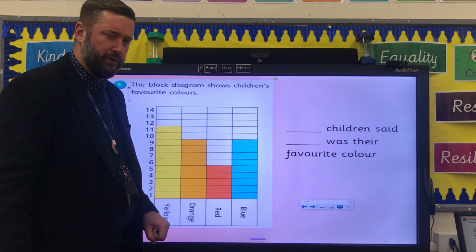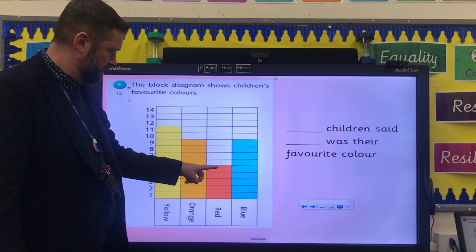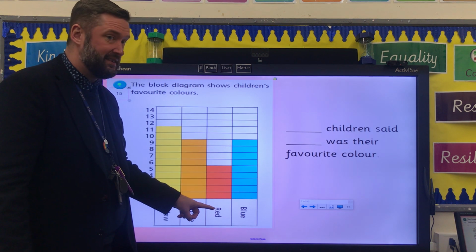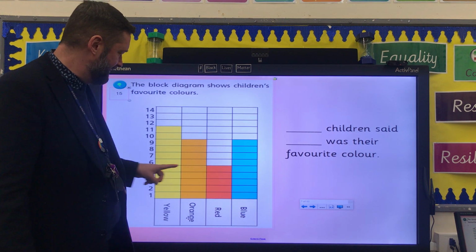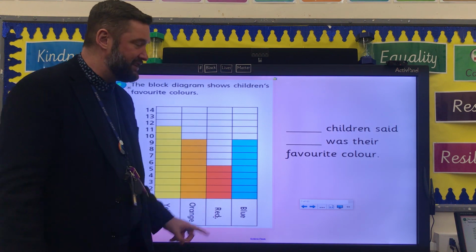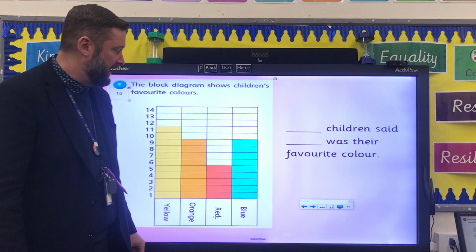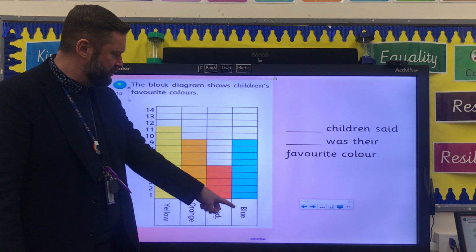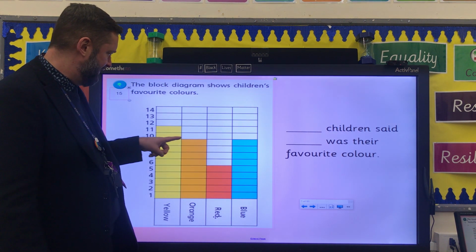Now you interpret. What's the sentence? That's it. 5 children said red was their favourite colour. And now finally for the blue block. How many children said blue was their favourite colour?